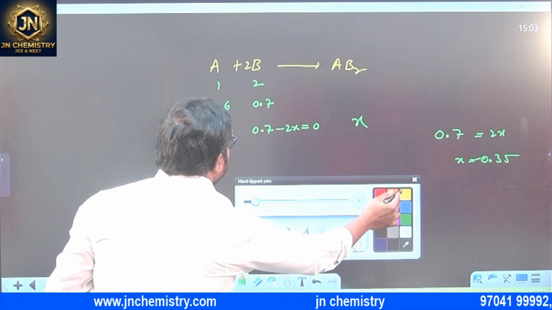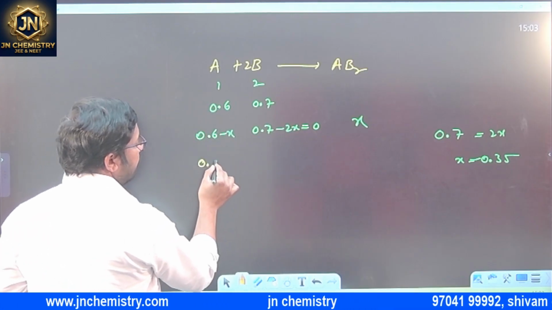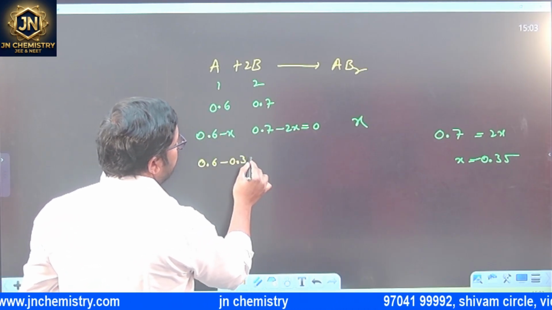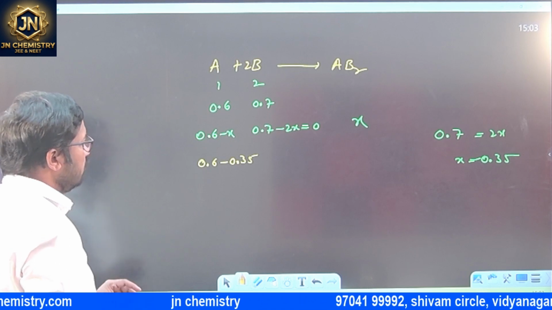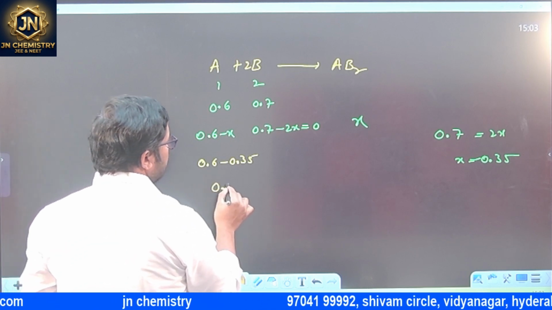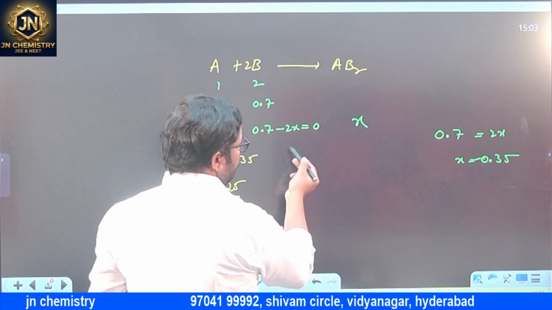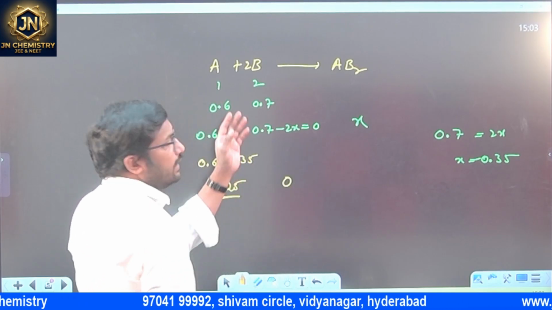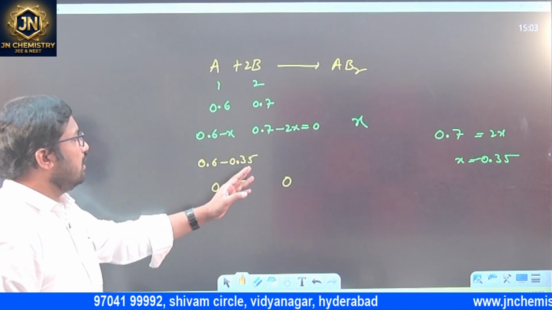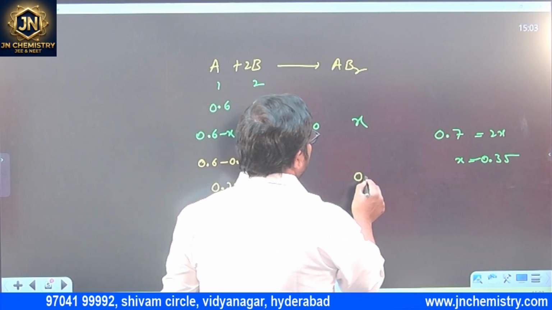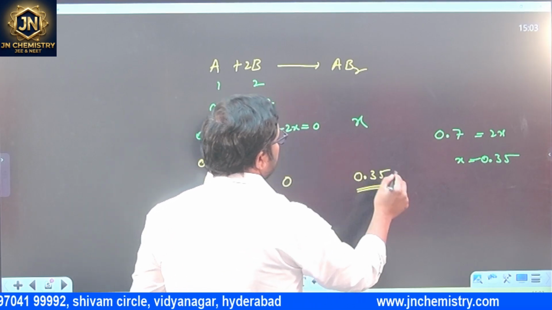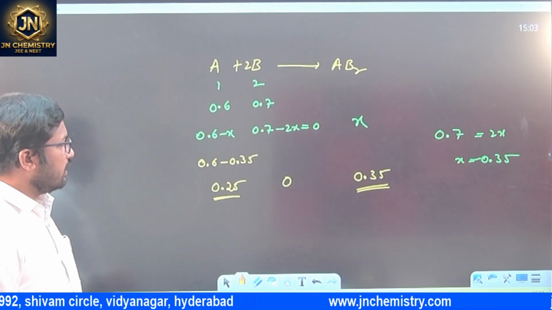How much A is really left? 0.6 minus 0.35, so we get 0.25 moles of A left. And 0.35 moles is the total, because the limiting reagent is consumed 100%, and obviously 0.35 moles of AB2 is forming.